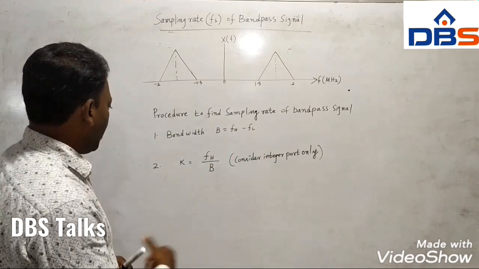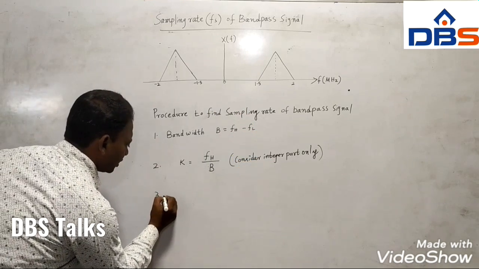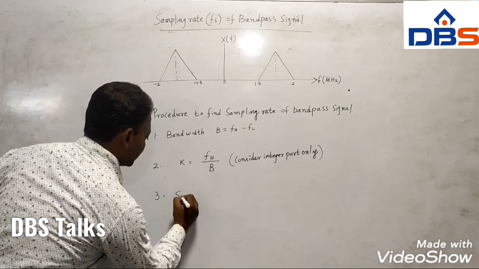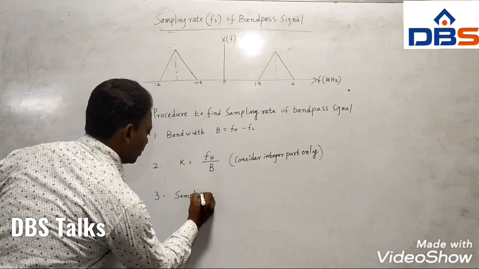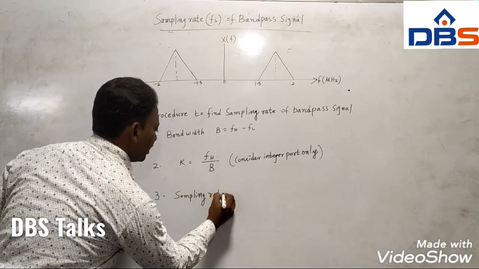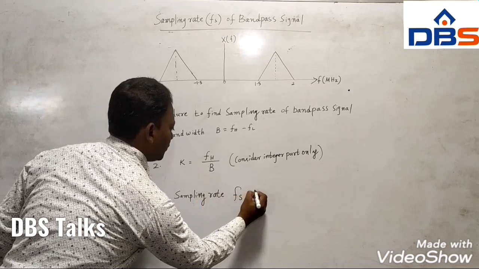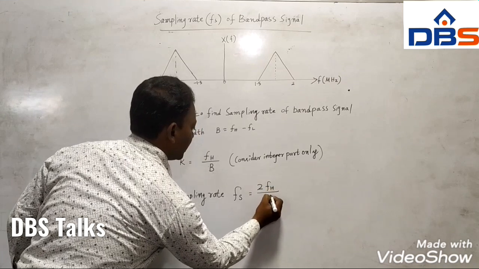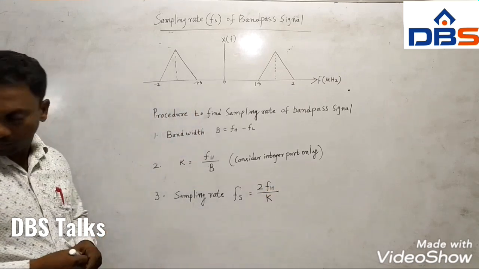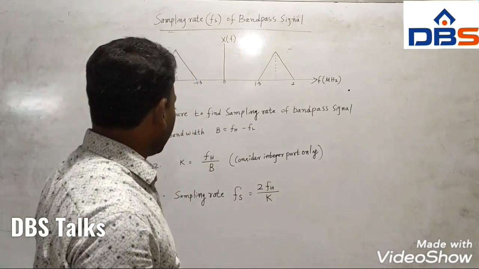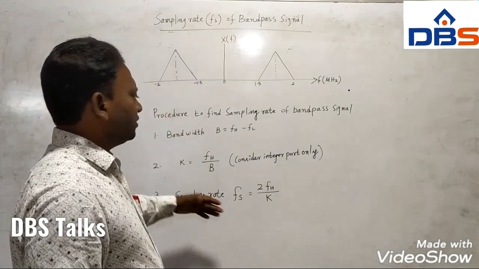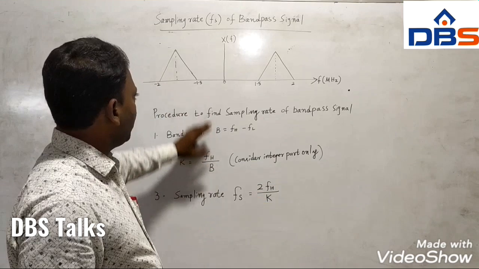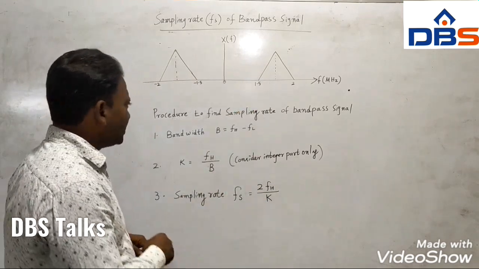After that, we can calculate the sampling rate of the band pass signal. Sampling rate is represented by Fs. Fs is equal to 2 times the highest frequency divided by K. This is the formula to calculate the sampling rate of a band pass signal. This is a 3 step procedure to calculate the sampling rate of a band pass signal.